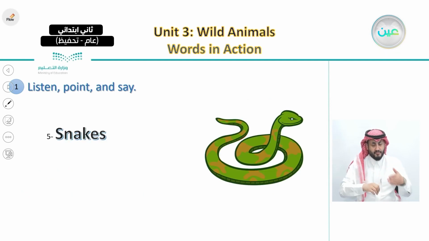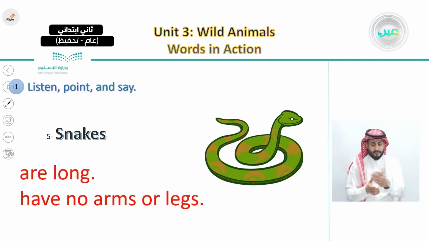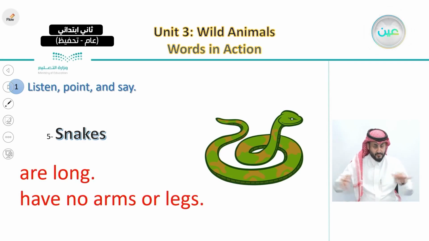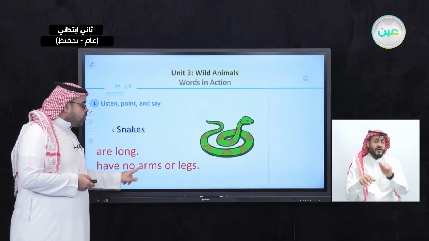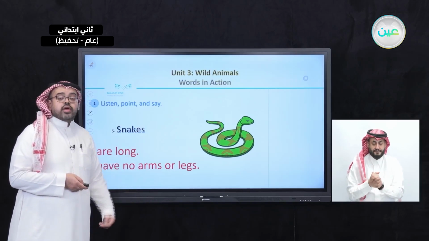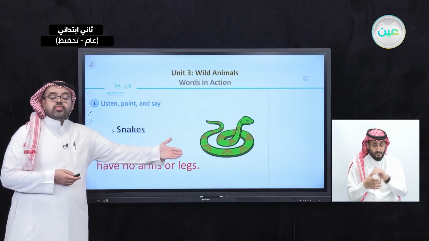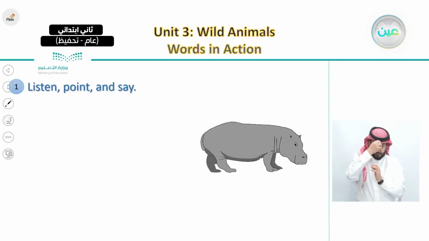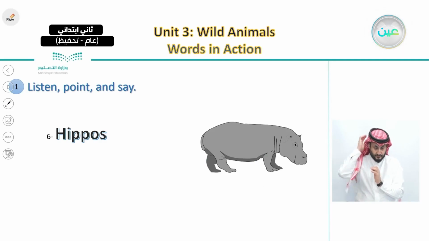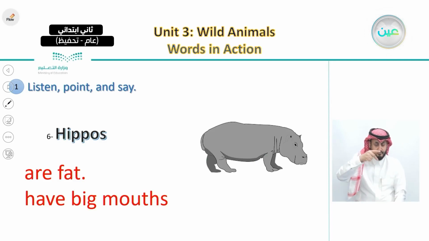And also with snakes, we said that they are long, and also they have no arms or legs. And also with hippos, we said that they are fat and they have big mouths.